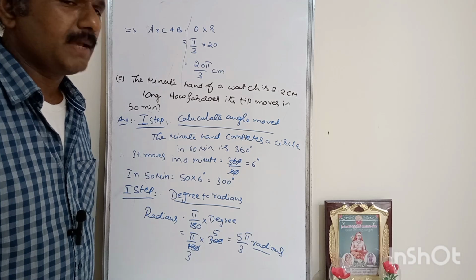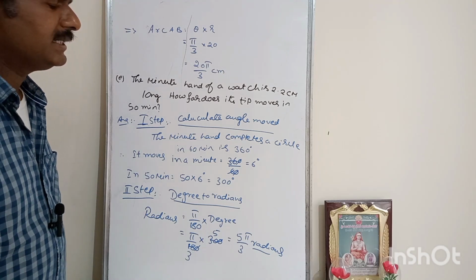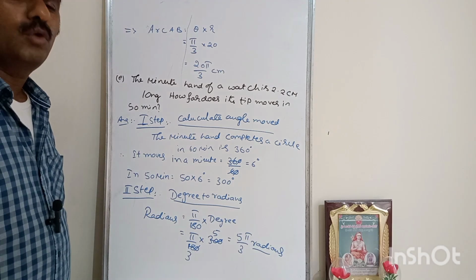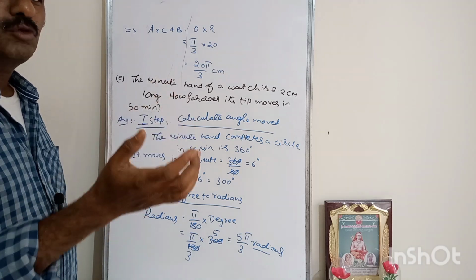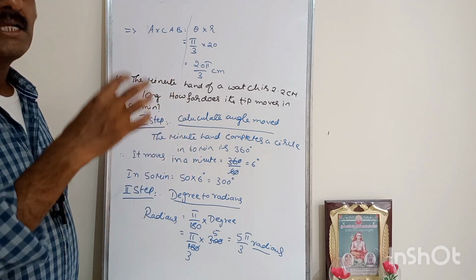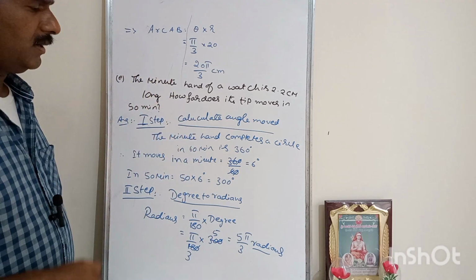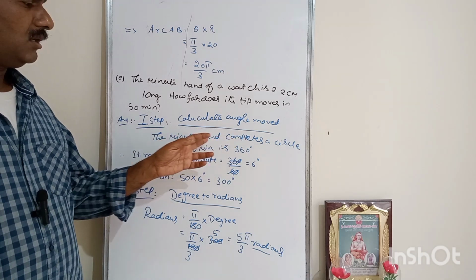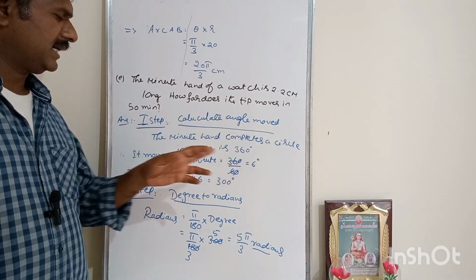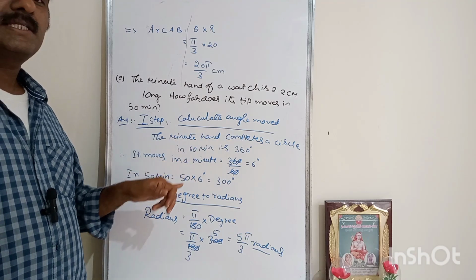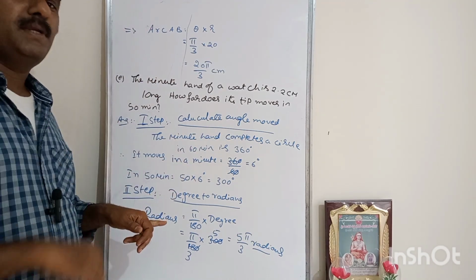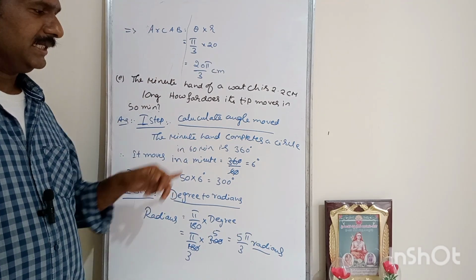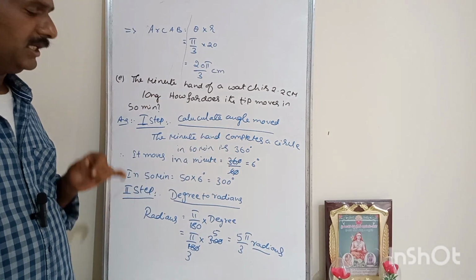We have 3 steps. In the first step, we have to calculate the angle moved. How much angle is moved in 50 minutes? The minute hand completes a circle in 60 minutes, that is 360 degrees.